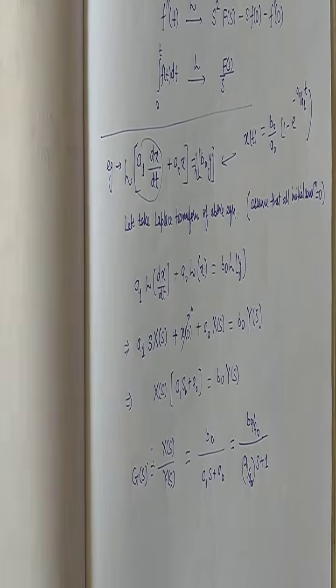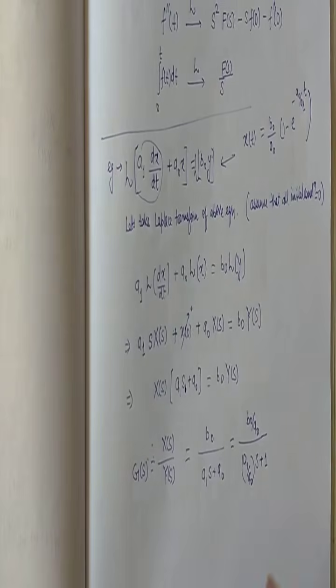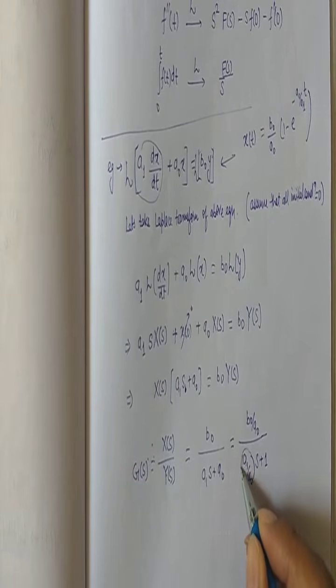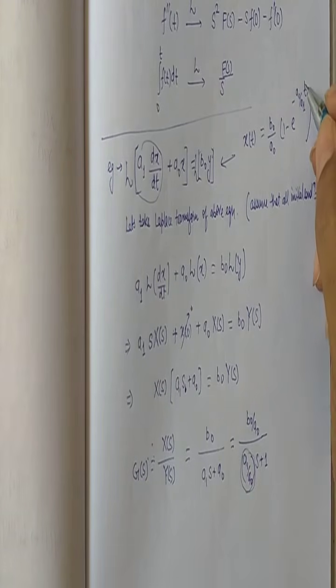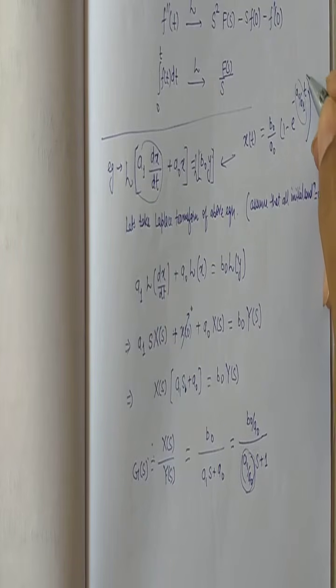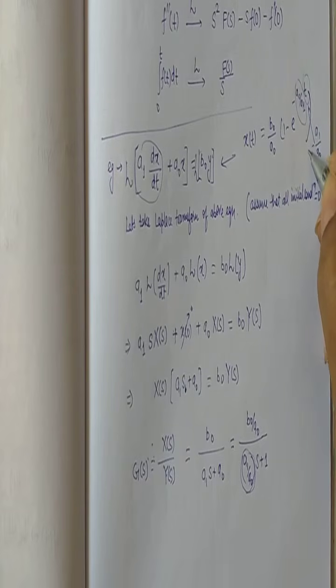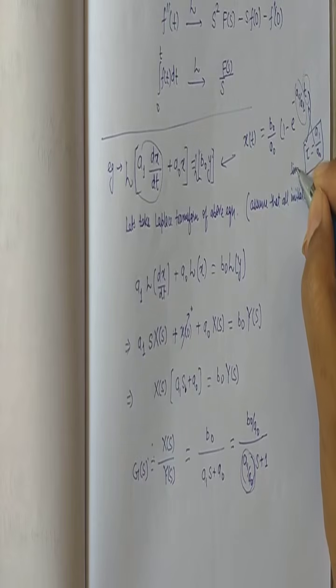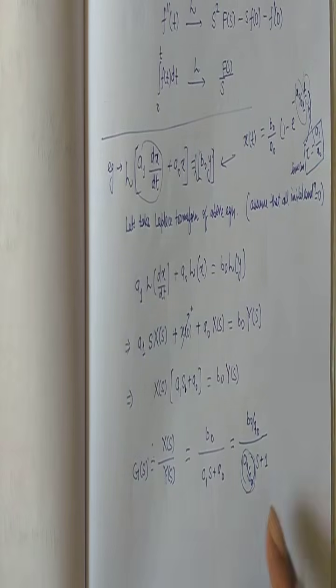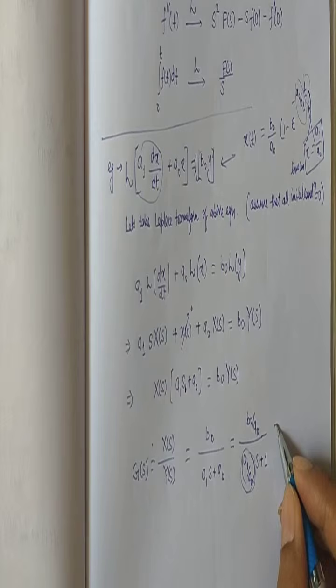Now what is this value? You remember in this form, when we multiply t with a1 by a0, that we called tau, a time constant. So here also we will substitute it with this one.